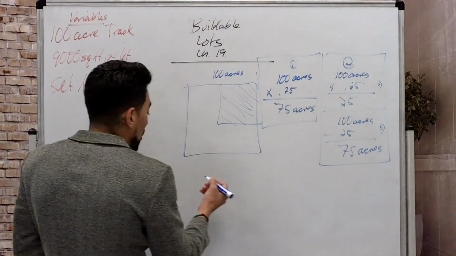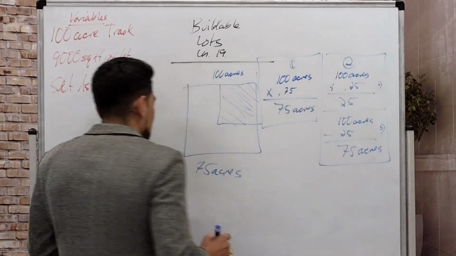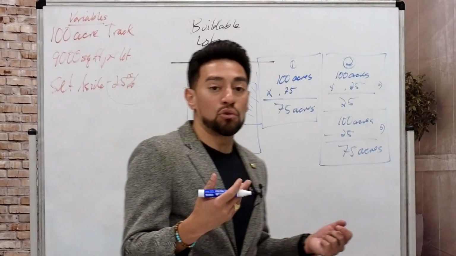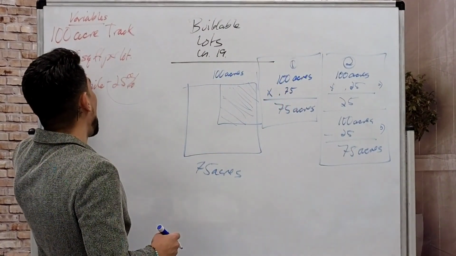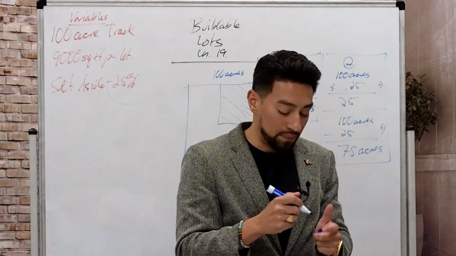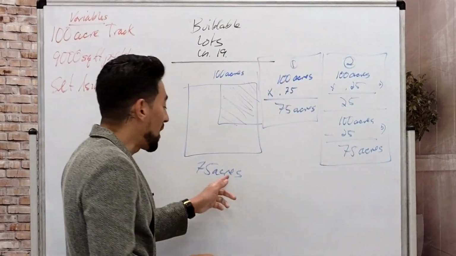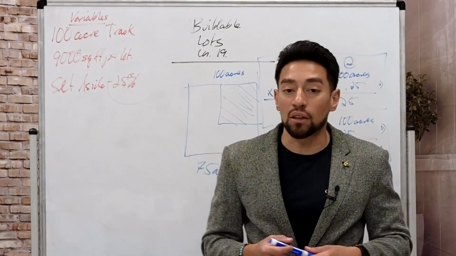Now that we know that it's 75 buildable acres, now we need to understand how to do the second portion, because they're telling us that 9,000 square feet are required per lot. Okay, but we have 75 acres. So what are we going to need to make sure that we can make this conversion?